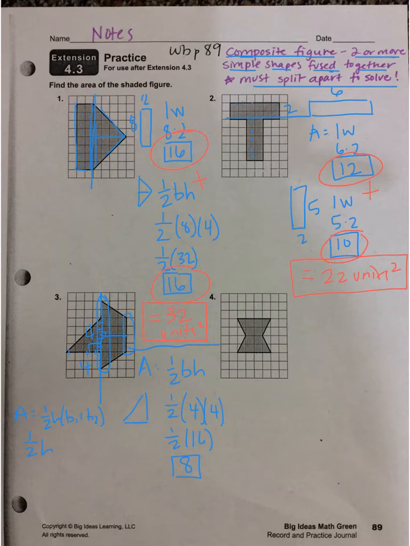The height is 1, 2, 3 units. So this would be my 3. Base 1, 1, 2, 3, 4. Base 2, 1, 2, 3, 4, 5, 6, 7, 8. Where I'm counting is right here.